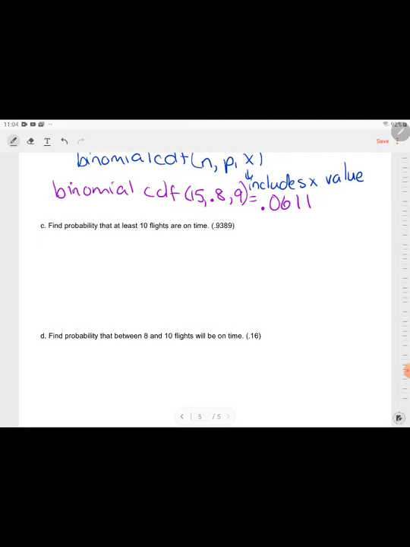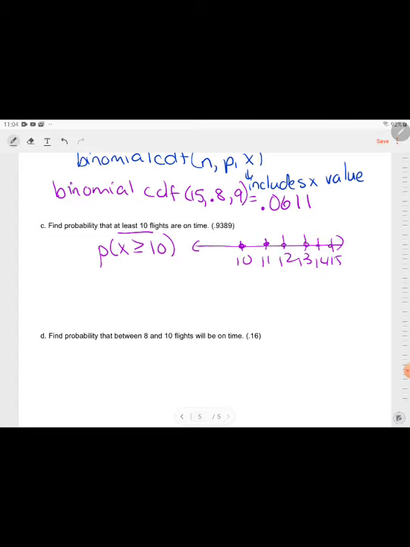Okay, so now we have the probability at least 10. Okay, at least 10. So we have to think, is 10 included or not included? Well, in this case, the probability of at least 10 is x is greater than or equal to 10. So in this case, we want 10, 11, 12, 13, 14, and 15 on top.